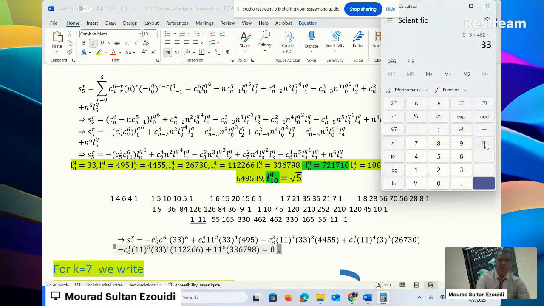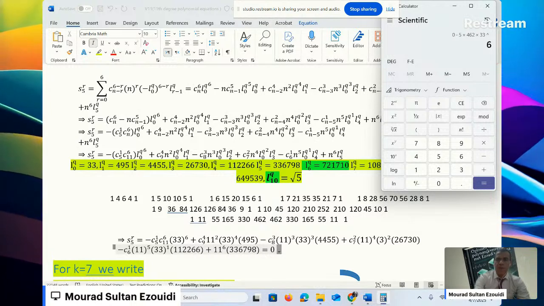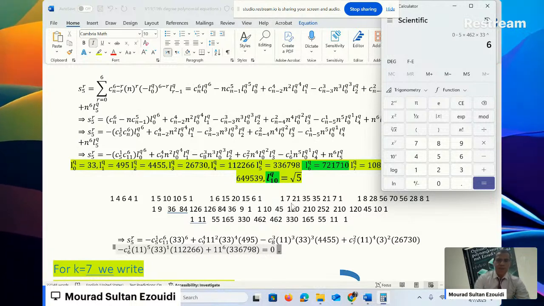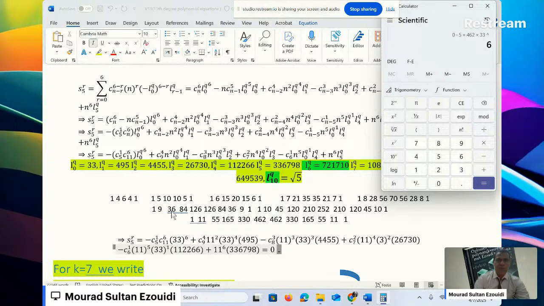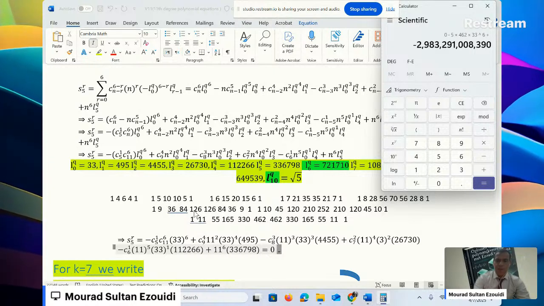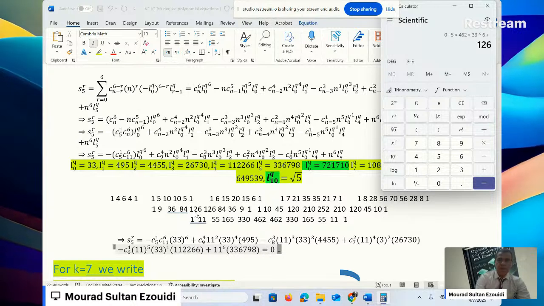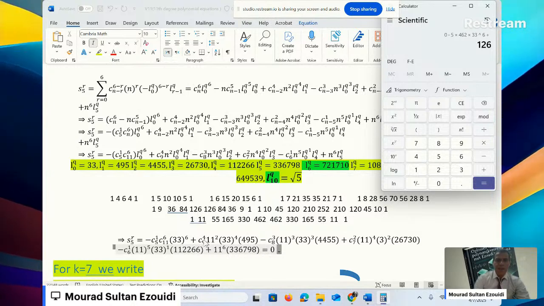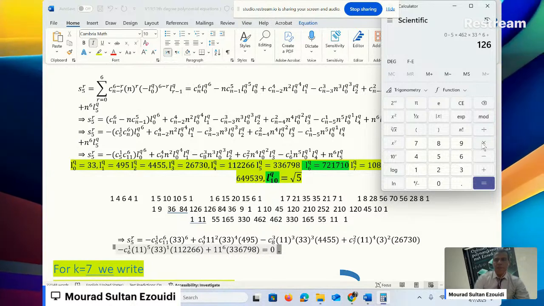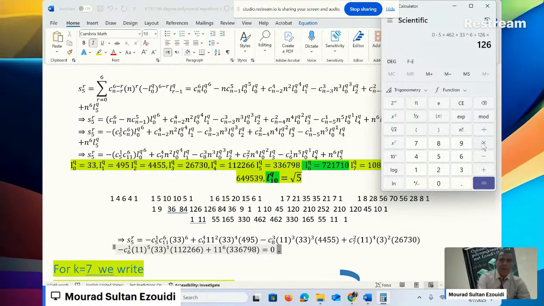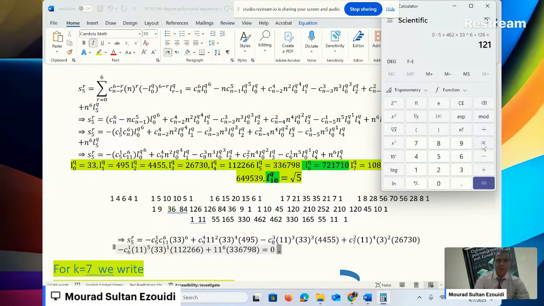Plus 924, plus 126, multiply by 11 squared, which means 121.